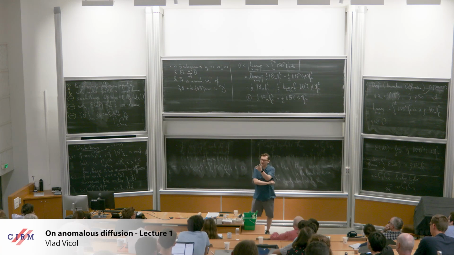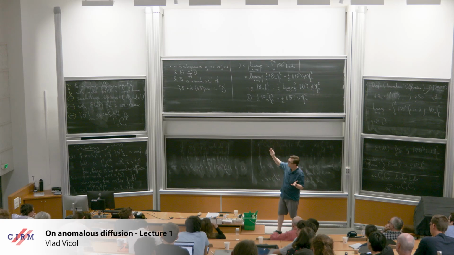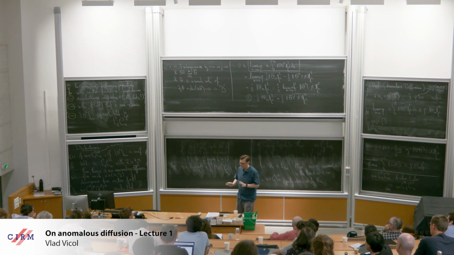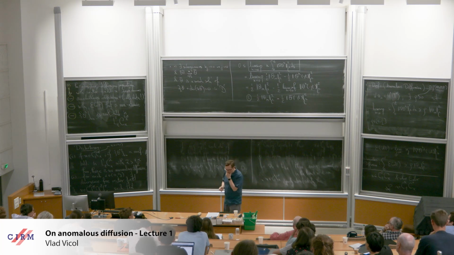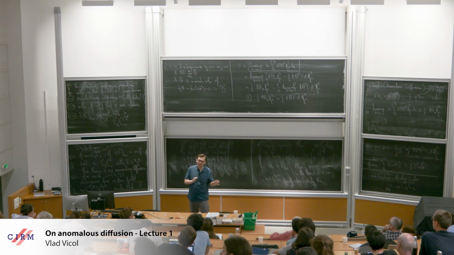Greg already mentioned that within the Kraichnan model you can prove essentially everything you want, so let me not repeat the Kraichnan model story because Greg already told you. Greg also already alluded to some other examples which are deterministic. So let me start with those.